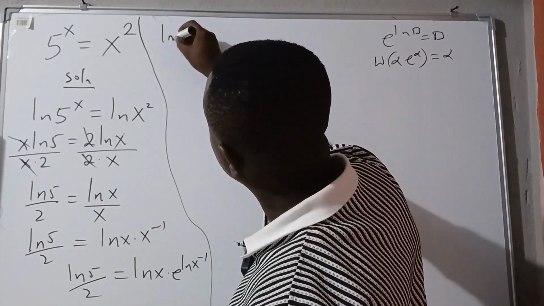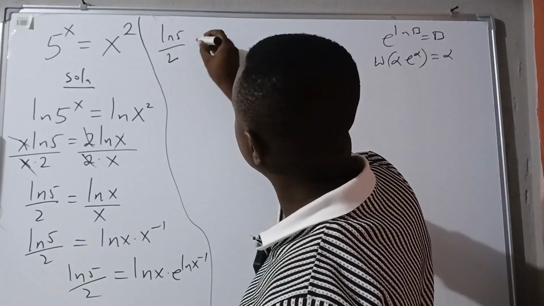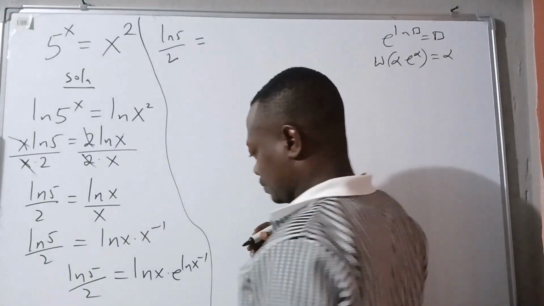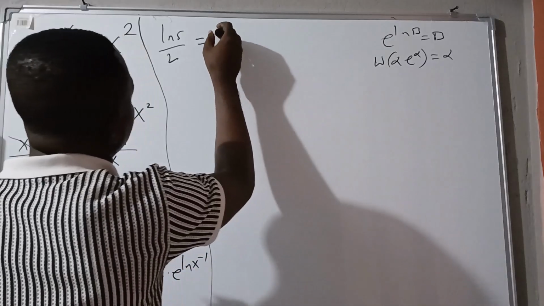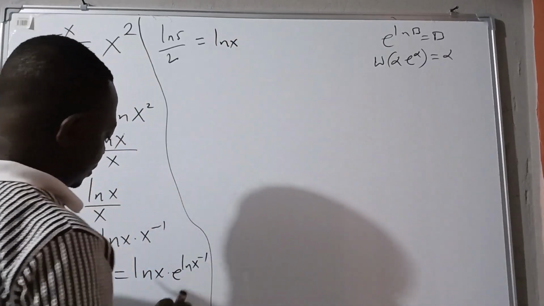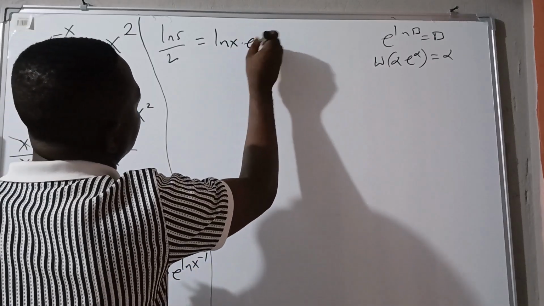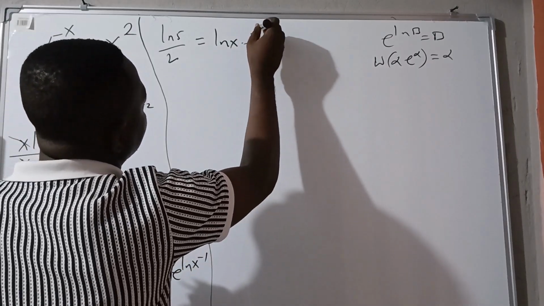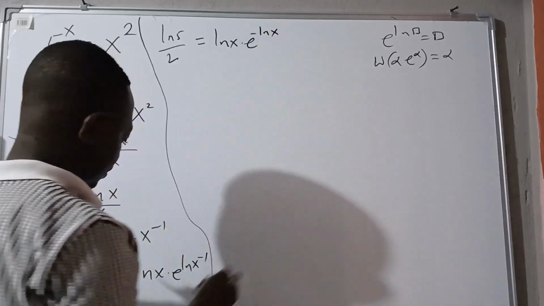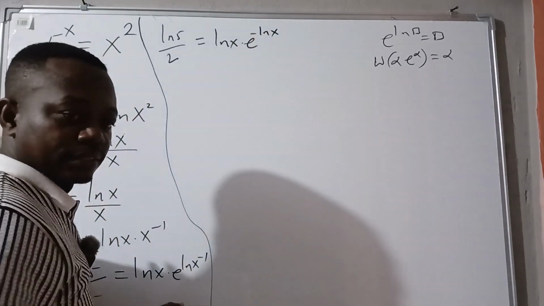So we have ln of 5 on 2 equals ln of x, and this one will come here, which will be minus ln of x. So minus 1, the same as that.